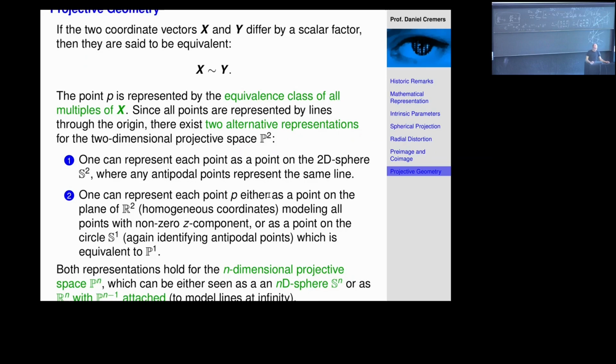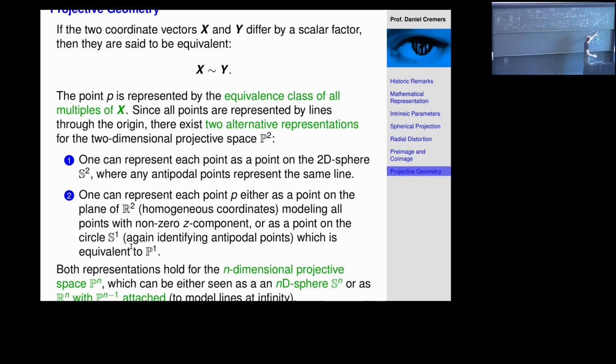Another one is that I take the point in R2, so that would be basically here. And then in addition, I have to take S1, that is the circle, to account for these points that are not in this plane. So these are the two ways to parameterize the projective space P2.